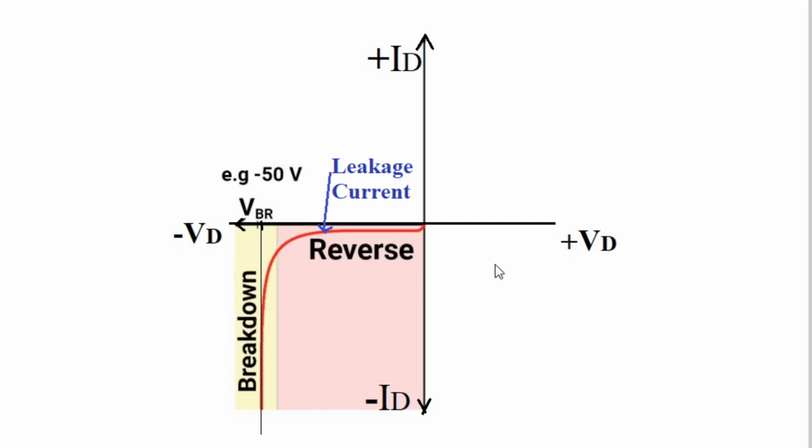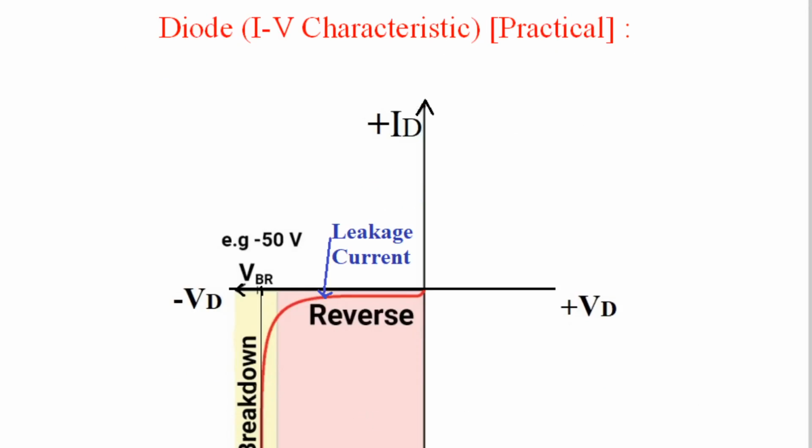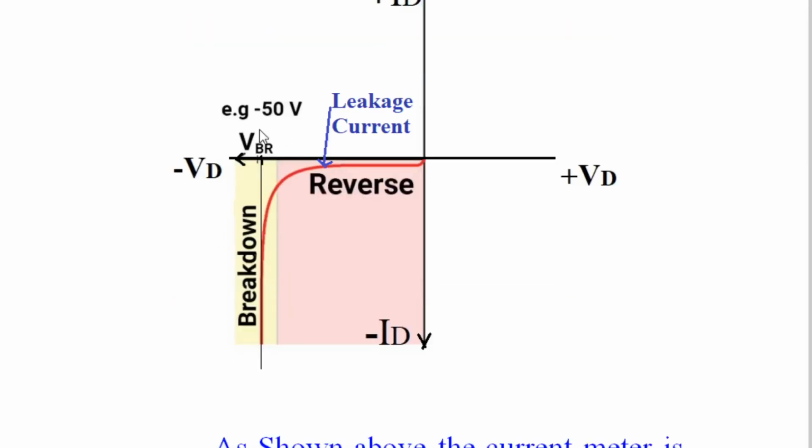And in case of a practical diode, at very high reverse voltage, for example minus 50 volt, that is called breakdown, means breakdown will occur. VBR means the PN junction diode will be damaged. So at very high negative voltage, say minus 50 volt, breakdown occurs and the PN junction gets broken.